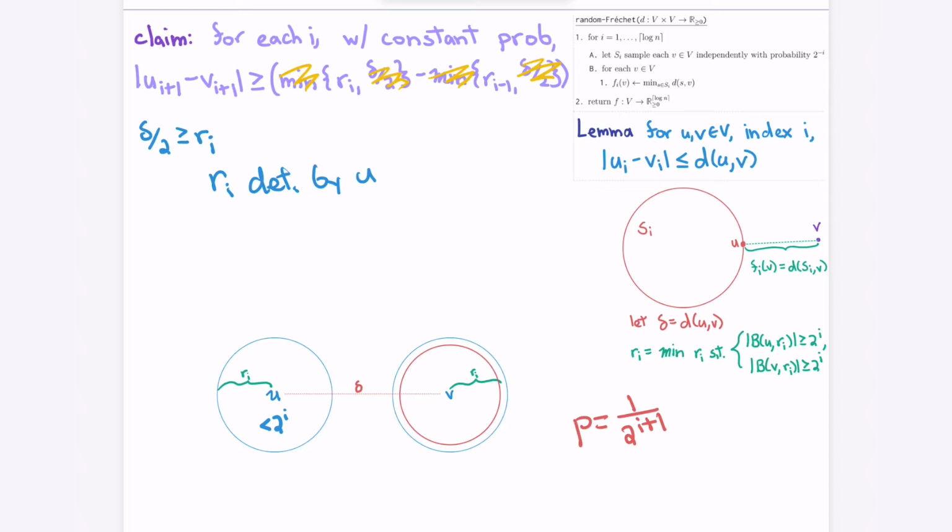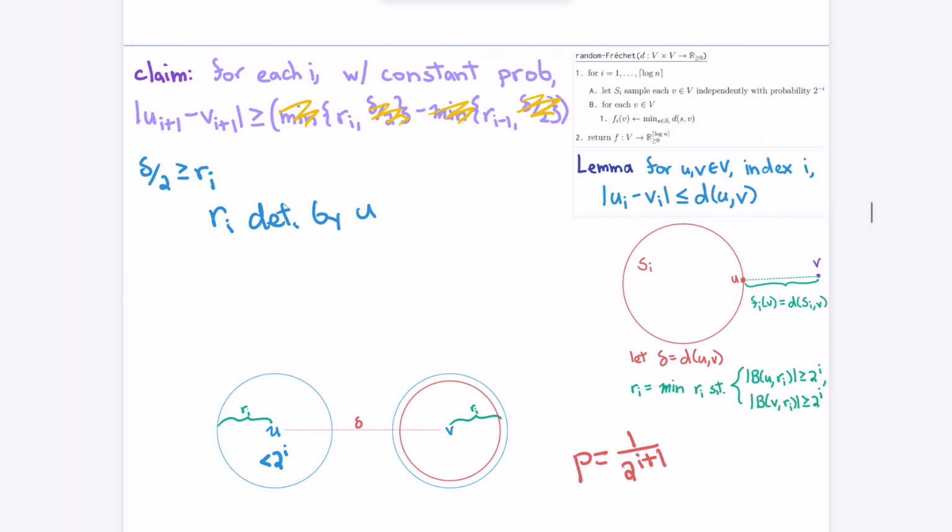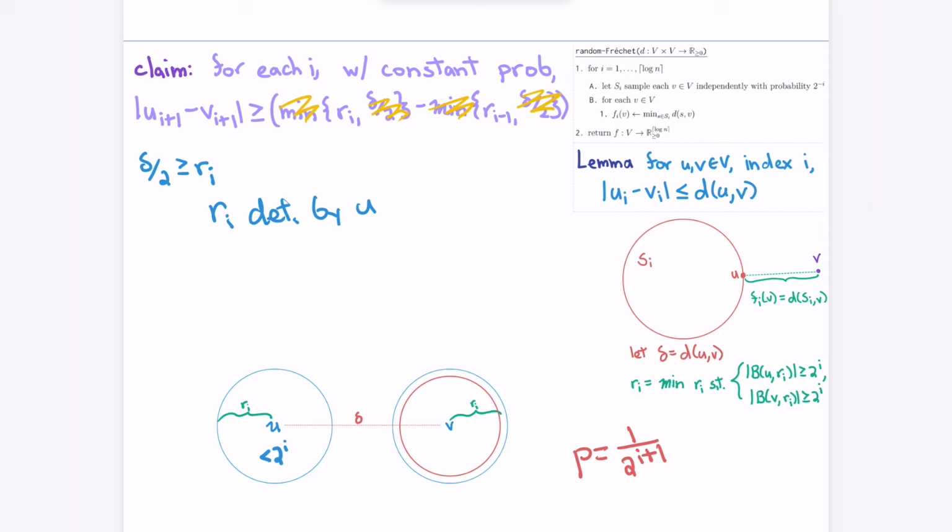And let's say that U was the bottleneck. That means there are less than or equal to 2 to the i vertices inside the ball around U, so Ri is as small as it could be.